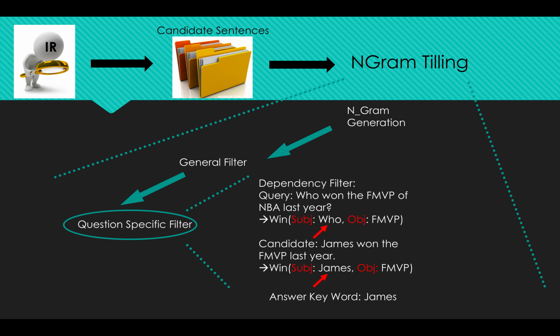Like here we have "Who won the FMVP of the NBA last year". So we have the verb win, which has the subject who and the object FMVP. So we can find the alignment of this relation tuple in the candidate sentences, that is James.